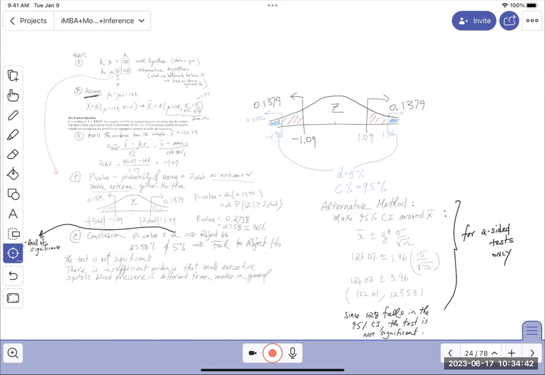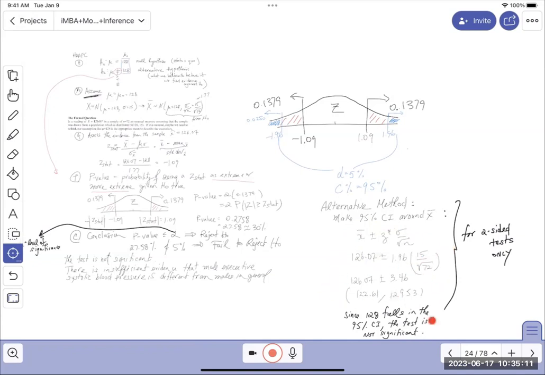And then I showed you that you could do this faster for a two-sided test by just making a confidence interval around the true mean. And rather than looking in the tails to see if the 1.09 falls there, instead, we're going to see if the sample mean falls close to the hypothesized mean, making a confidence interval to see if they fall together.